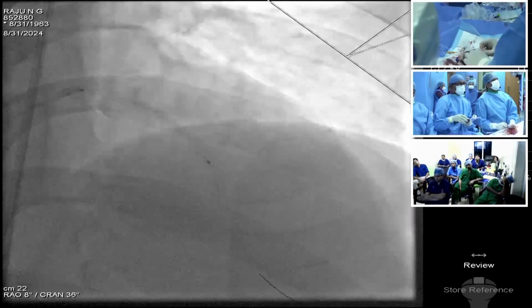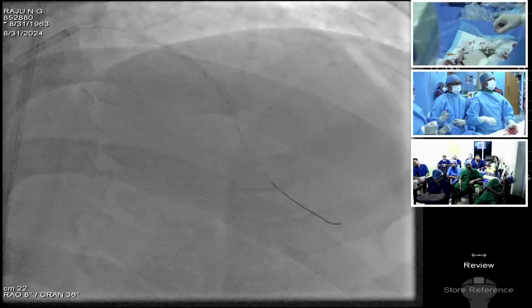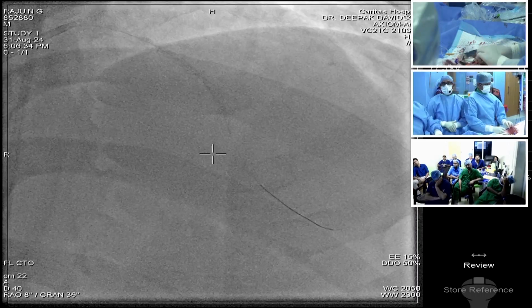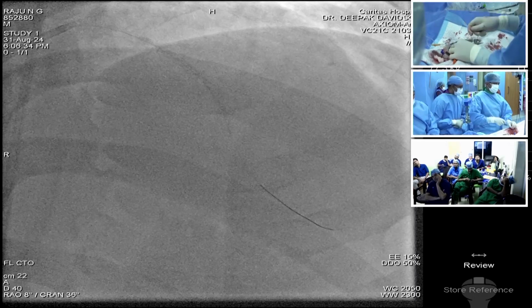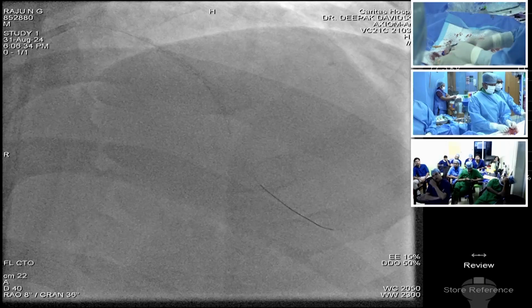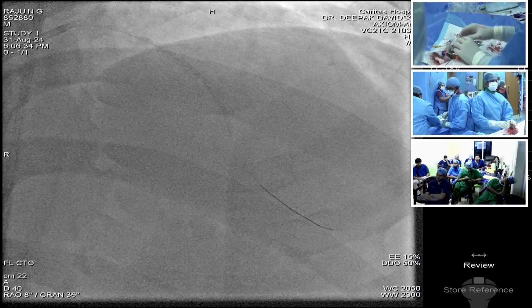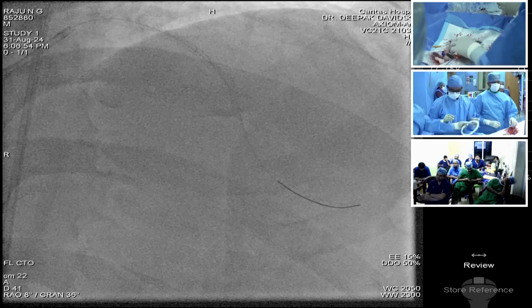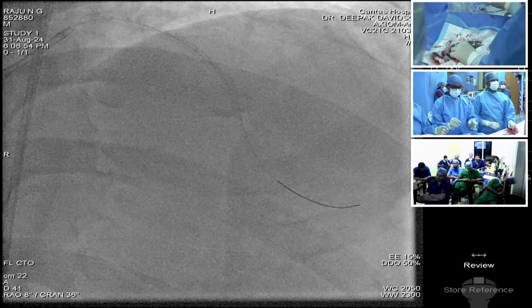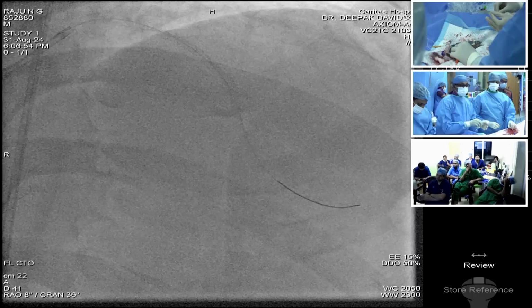Now give us 3 balloon. 2.5 and 3. Okay. 2.5 and 3. Yes. 14, 16, 18.